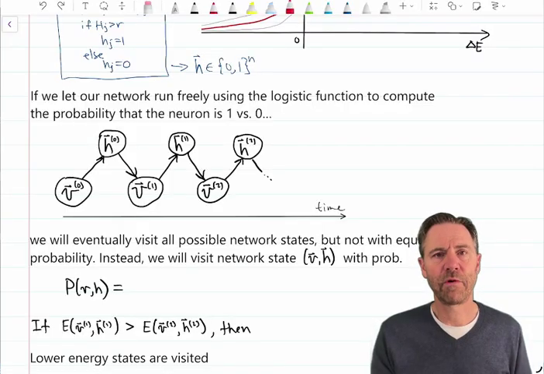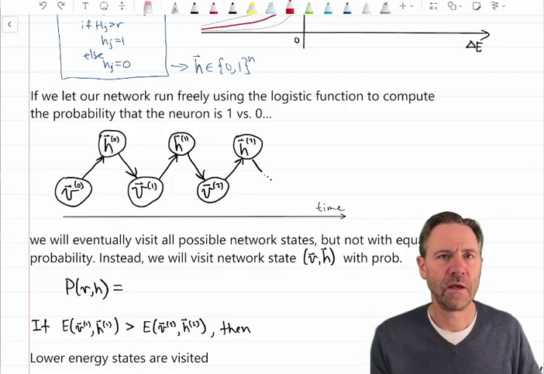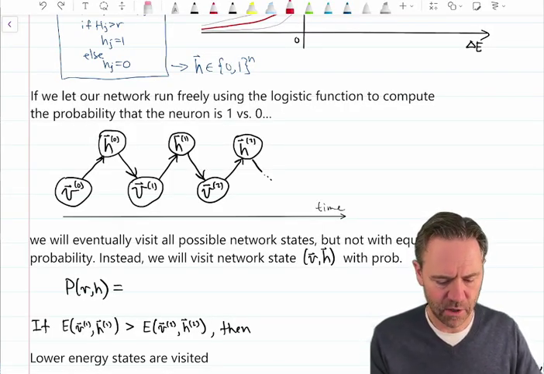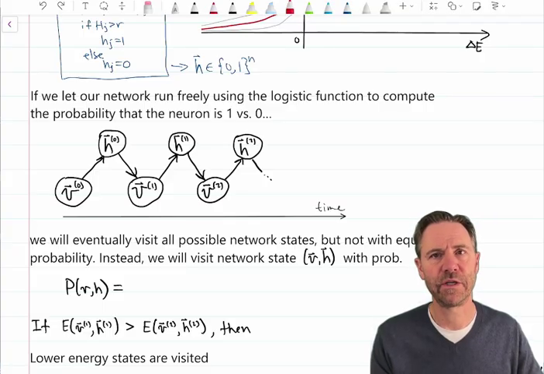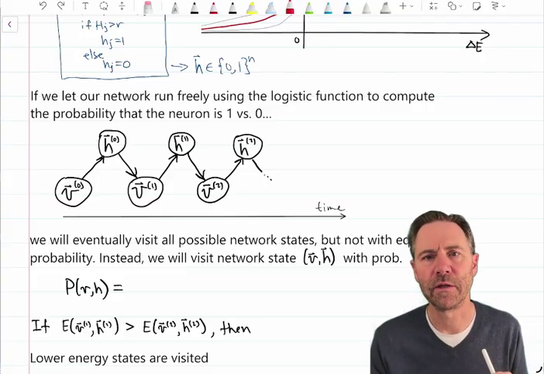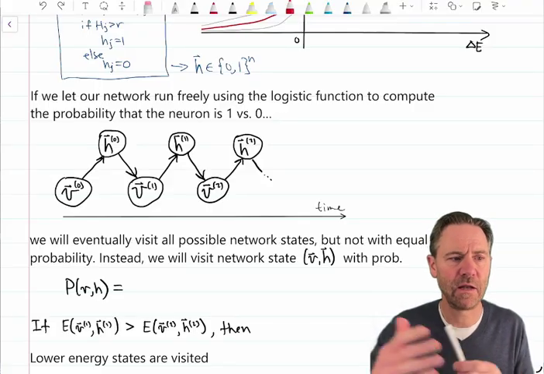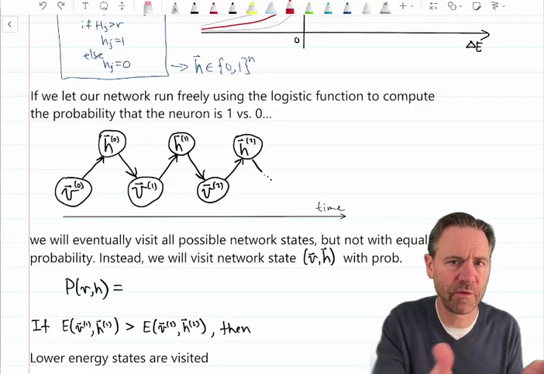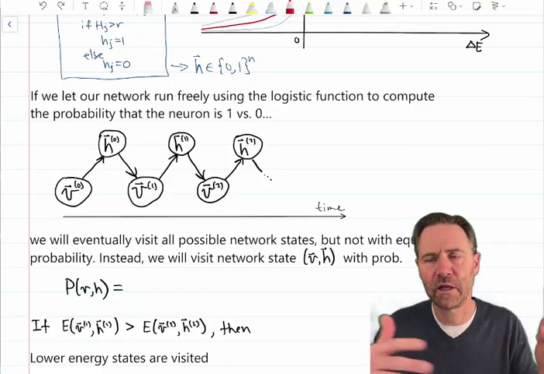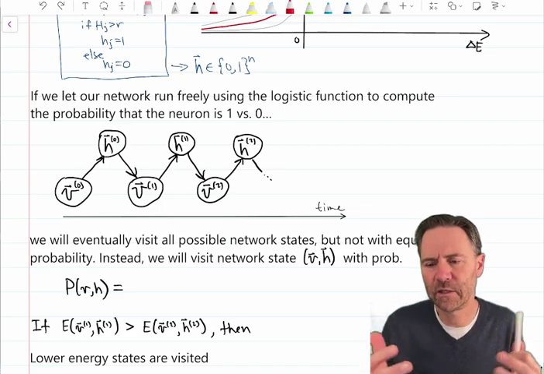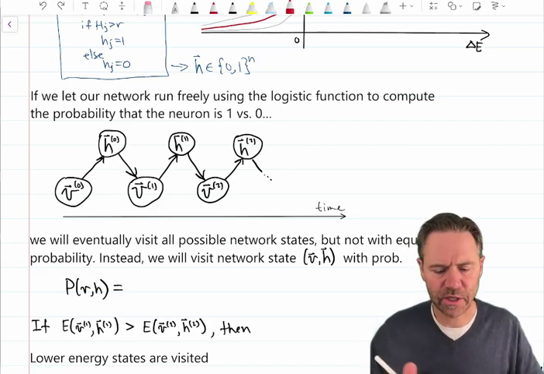If we let our network run freely, it will occupy all possible network states, but not with equal probability. These neurons will be switching their states, and as they switch, they influence the input of the other neurons, so they're all collectively changing states.